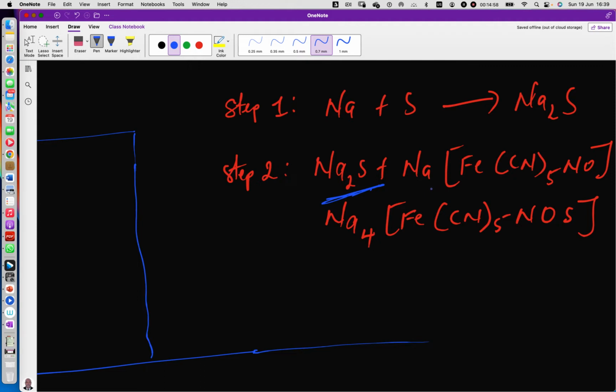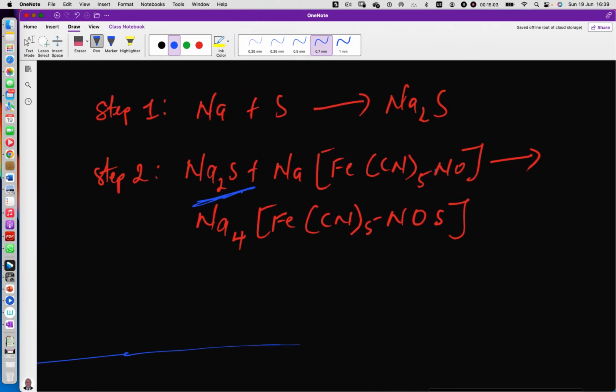This is sodium nitroprusside. The sulfide ion in sodium sulfide is then identified by using this compound, sodium nitroprusside.